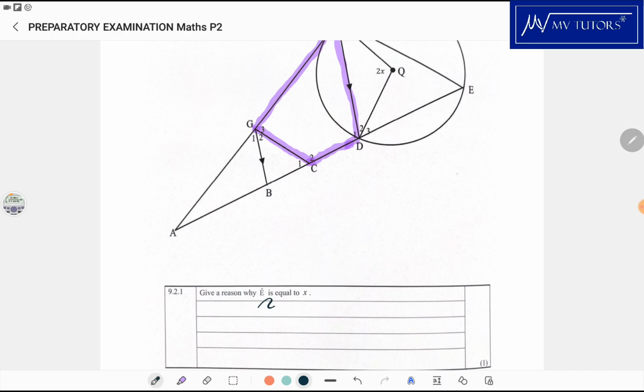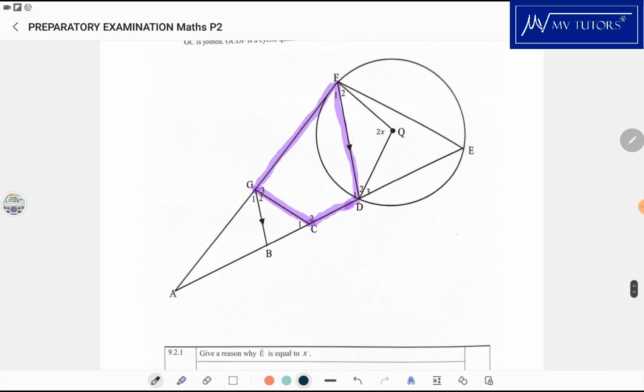give a reason why angle E is equal to x. Let's look at that. First of all, let me wrap this. Now I have it in memory that it's a cyclic quad, so I'm all good. Now I want to highlight what we're talking about. Give a reason why E is equal to x. There is angle E. Why would this angle be equal to x?